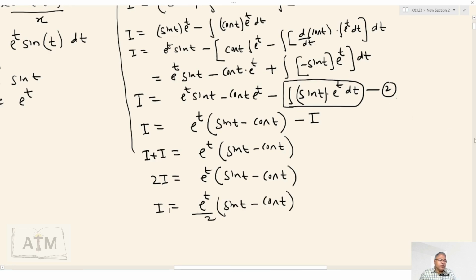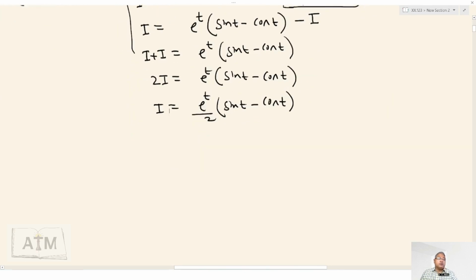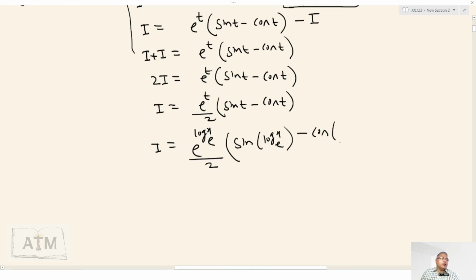Now putting the value of t, which is log x, here. So I equals e raised to log x to the base e divided by 2, sin t, that is the sine of log x, minus cos t, that is cos of log x, plus c.